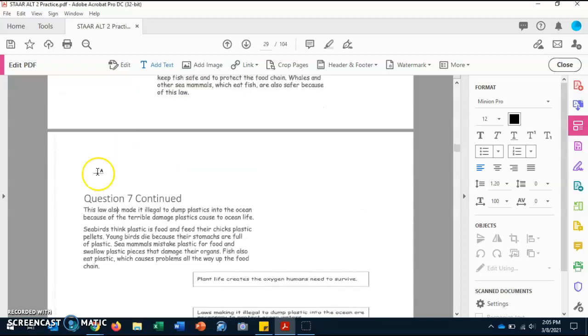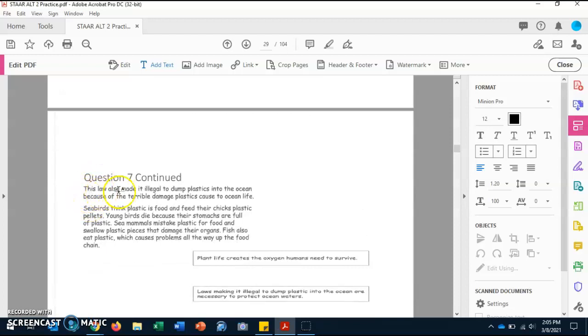So over here it says, this law also made it illegal to dump plastics into the ocean because of the terrible damage plastics cause to the ocean and life. Seabirds think plastic is food and feed their chicks plastic pellets. Young birds died because their stomachs are full of plastic.